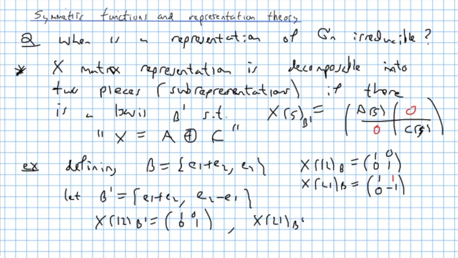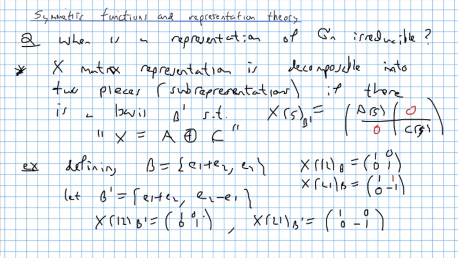But now the permutation 2 1. Now, I'm still going to send E1 plus E2 to itself, but then E2 minus E1, well, E2 is going to be sent to E1, and E1 is going to be sent to E2, so I'm going to get minus this vector, but that's on the same line. So this is going to be 0, minus 1.